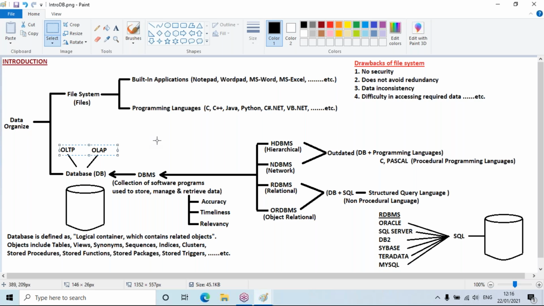But our course content is all about OLTP, online transaction processing. I highlighted that there are some major differences between OLTP and OLAP, but I didn't discuss a single point of it, because that is needed only when you go with data warehousing. Otherwise, we don't need that.